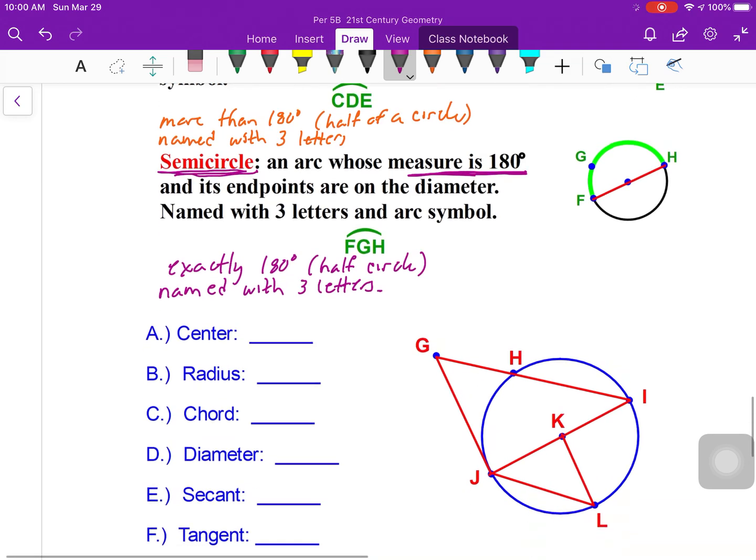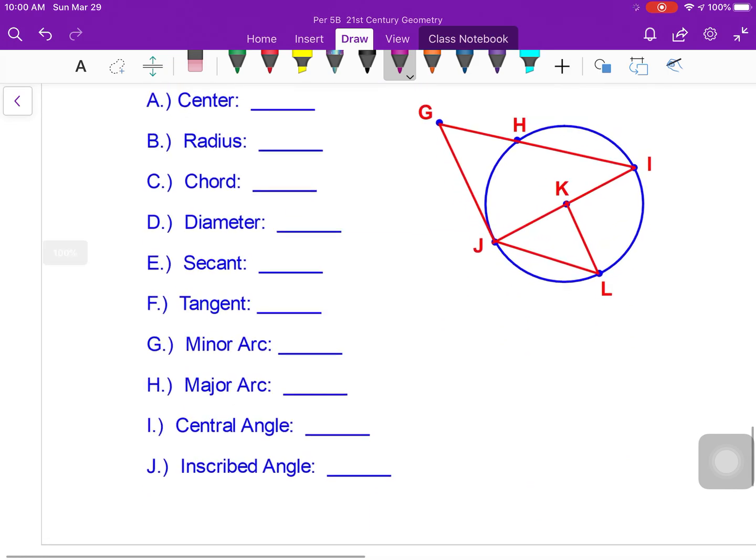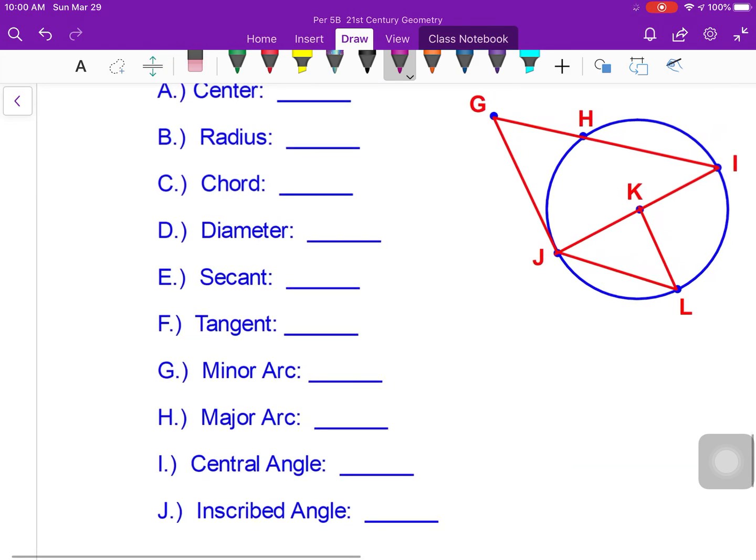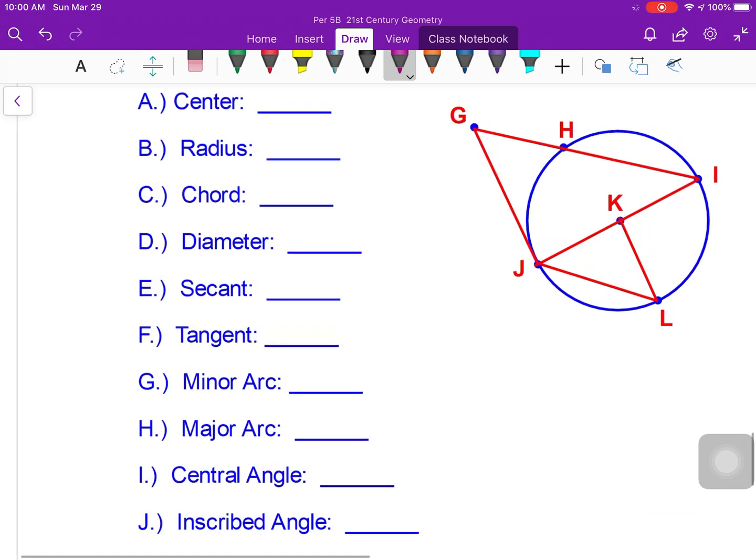Now, let's take a look at how you're going to be assessed on this. So, here we have a diagram, and we have all the vocabulary words we just talked about. The center of the circle is just going to be a point. It's going to be the point K. A radius. Now, when they ask you to name a radius, usually what they really want is you to name the segment. Well, there are several of them that we could use.